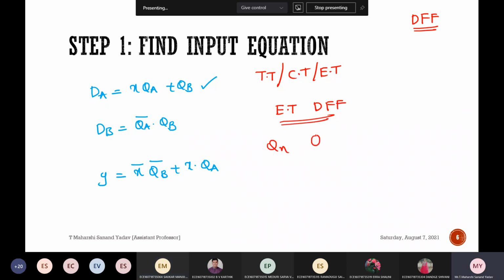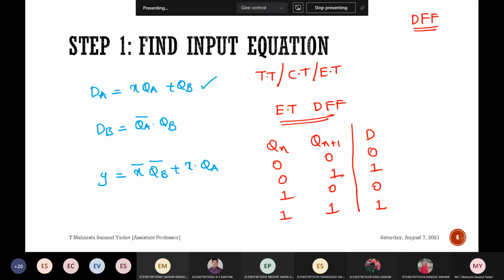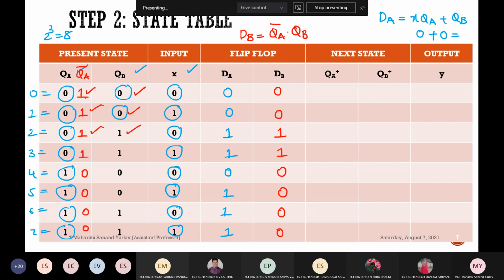Okay, so inputs are Qn, Qn plus 1. So two inputs, four combinations, 0 0, 0 1, 1 0 and 1 1, and the output that we get is 0 1 0 1. Right, now by using this excitation table, we need to write the answers for QA plus followed by QB plus.